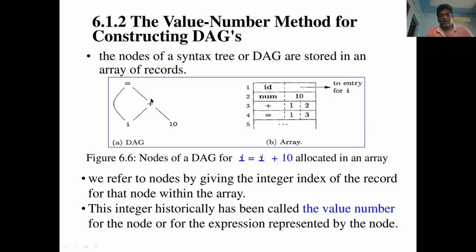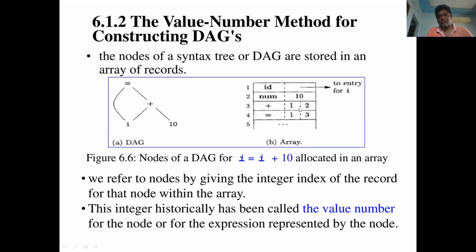And then the operator is plus. This plus is done as I + 10. Therefore, we are going to show the operation on the array indices. So this plus is done on I. I is stored at 1, so we'll show that in the table as 1. And then 10 is stored at position 2.